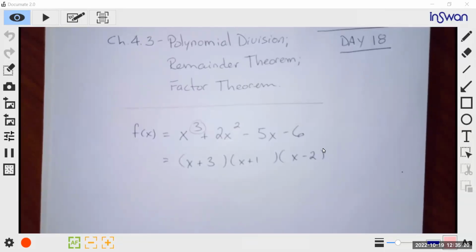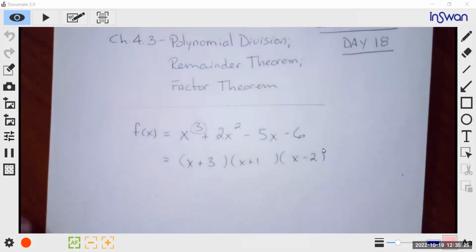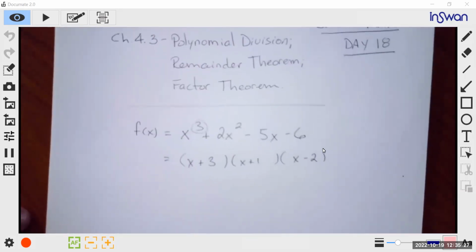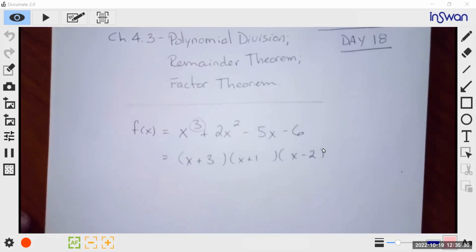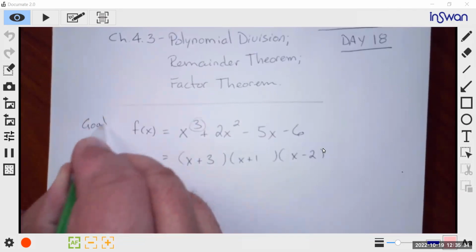But first, before we get that far, we have to learn how to crawl. This is our goal for today.